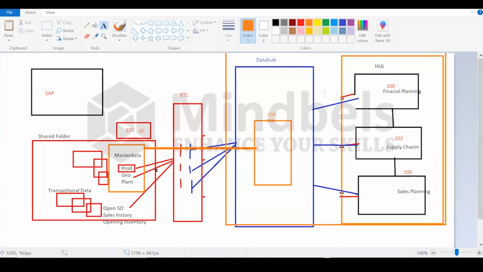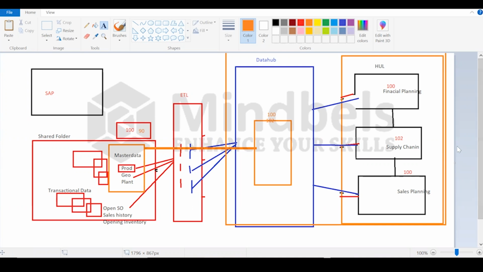So what is a data hub? Data hub is a central repository of Anaplan. We can say the data hub is the database of our Anaplan, and the data hub is a staging model. Now, why are we using this data hub? We are validating the data.